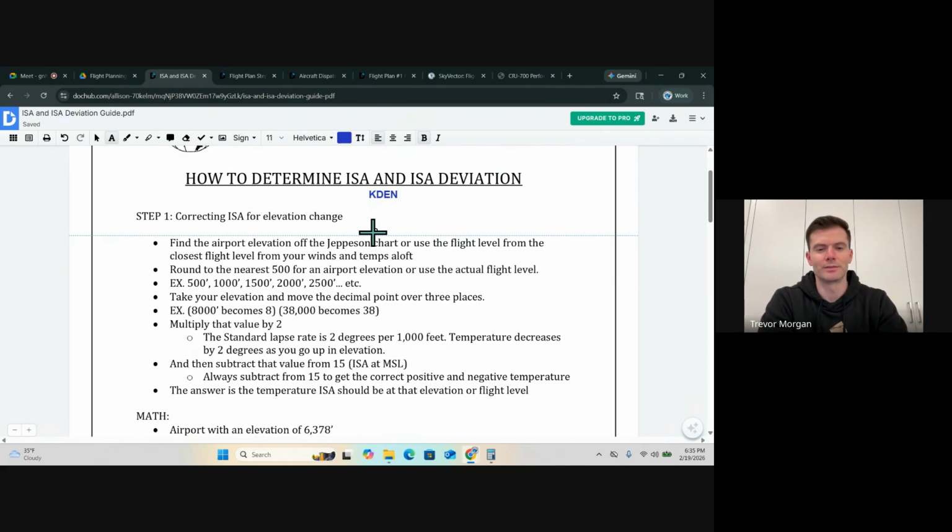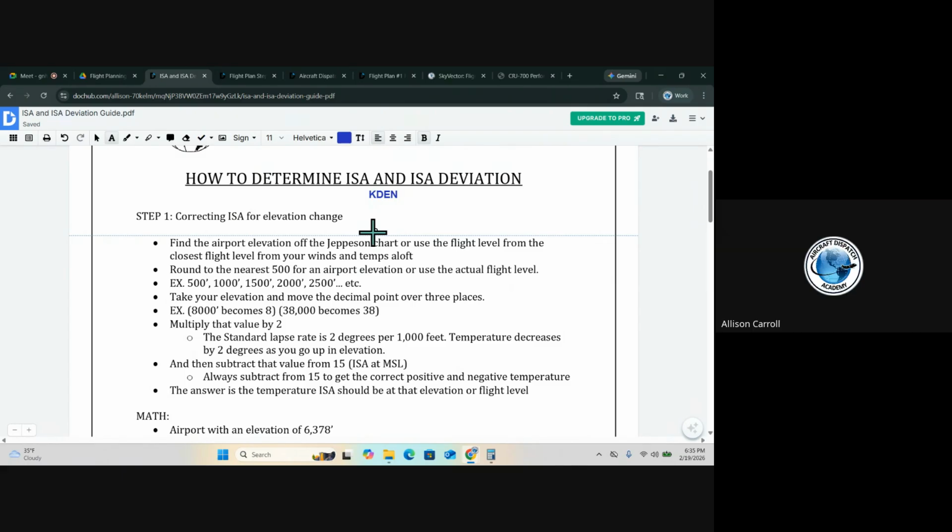Fifteen degrees Celsius. Perfect, thank you. So we have this International Standard Atmosphere, right? They created it for a common reference point, a standard to always come back to. So ISA at mean sea level is 15 degrees Celsius. Wherever you are, mean sea level is going to be 15 degrees Celsius for ISA.